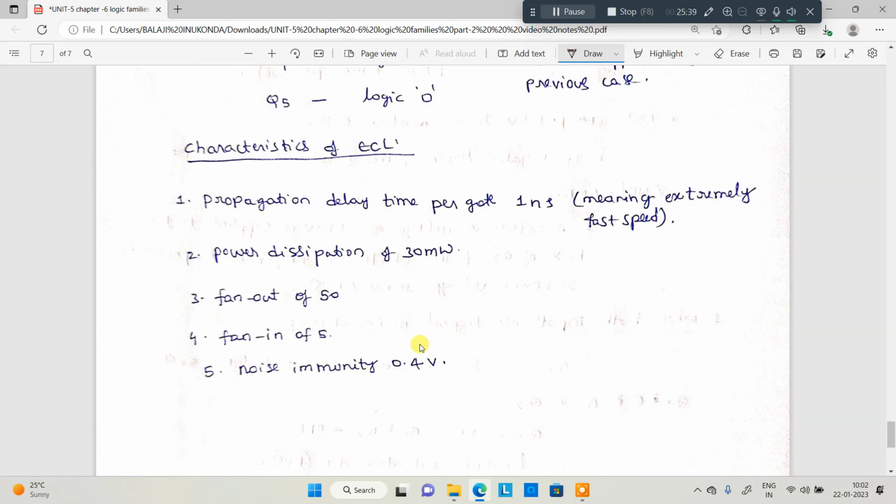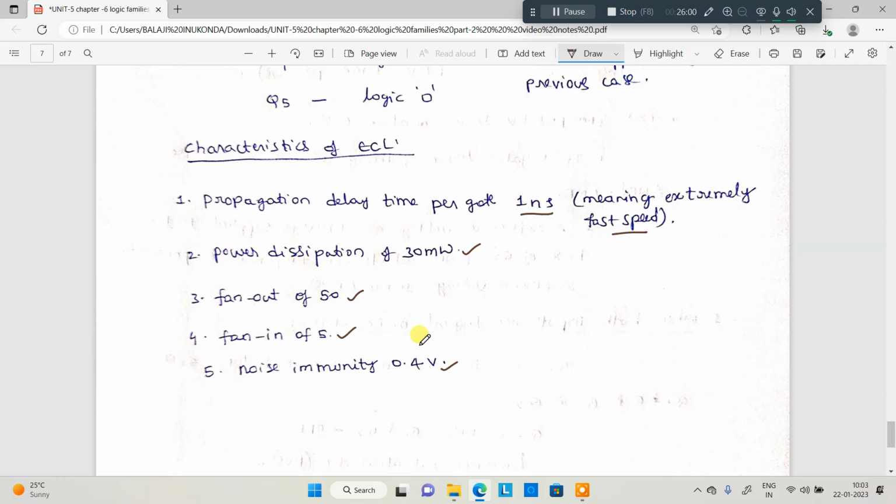The propagation delay time per gate is 1 nanosecond, meaning extremely fast speed. And the power dissipation is 30 milliwatt. This is a drawback. And the fan out is 50, fan in is 5, and noise immunity is 0.4 volt. These are the characteristics.